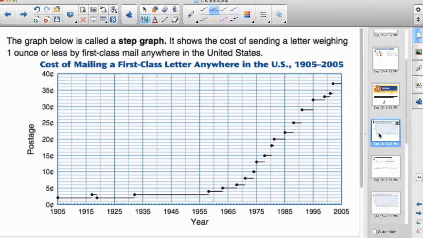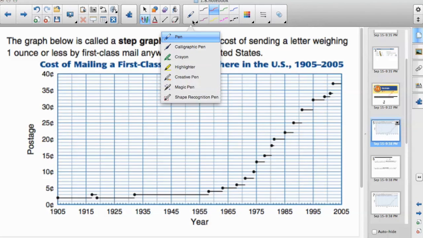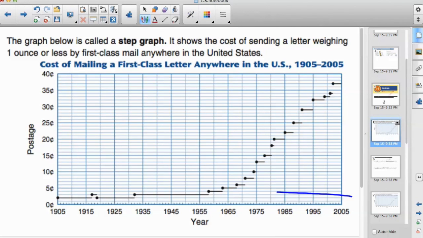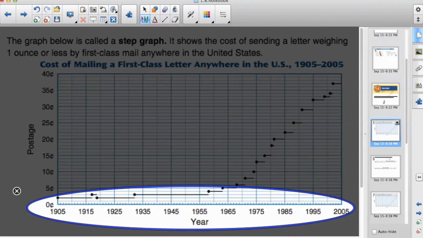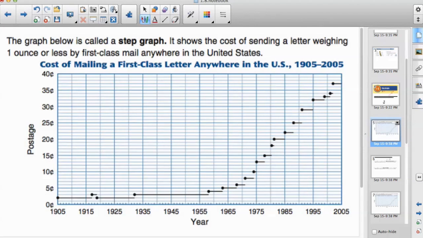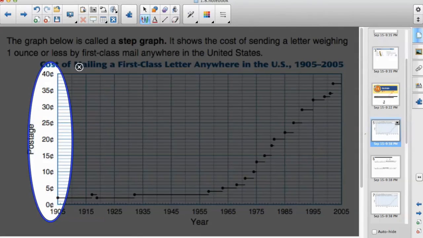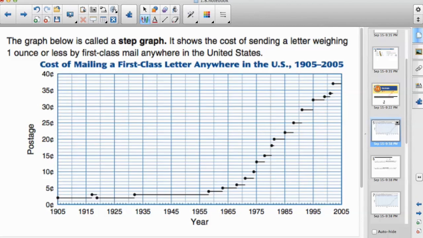Step graphs are great because they often show a change along the horizontal axis where there's time. And you'll notice that in this graph, our horizontal axis represents time. It's also great when it shows distance as well, but this one shows time along the horizontal axis. On the left-hand side, the vertical axis shows you the cost in postage, how much it's going to cost you to send something.